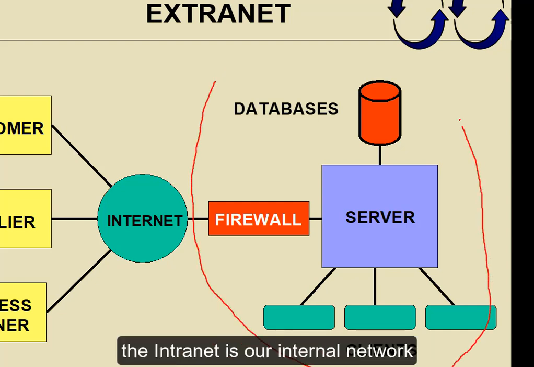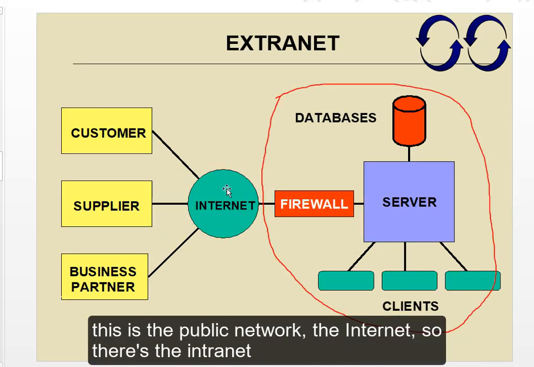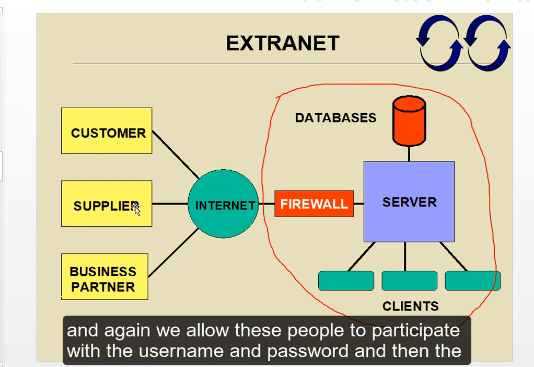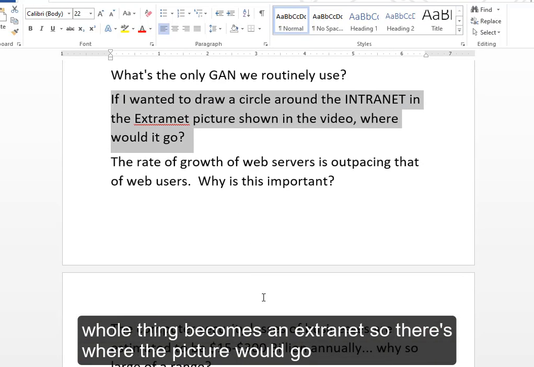The intranet is our internal network. This is the public network, the internet. So there's the intranet. And again, we allow these people to participate with a username and password, and then the whole thing becomes an extranet. So there's where the picture would go.